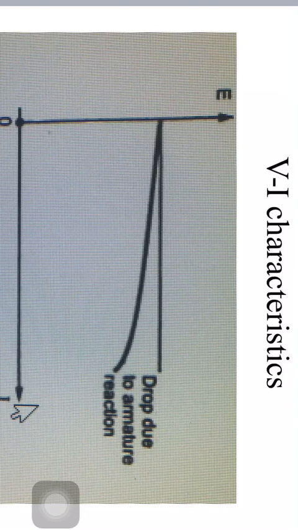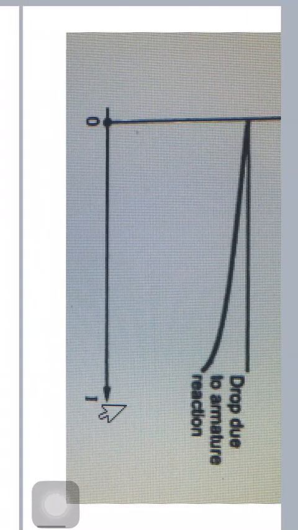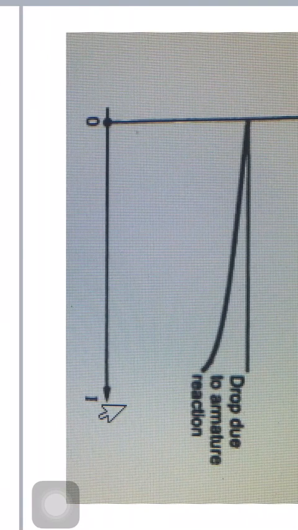If armature reaction drop were not there, we could get a constant voltage, but because of armature reaction there is some drop in the voltage.